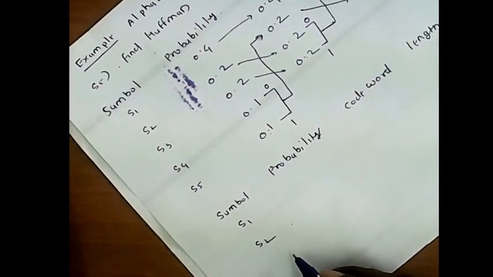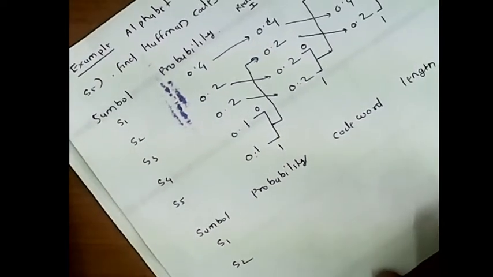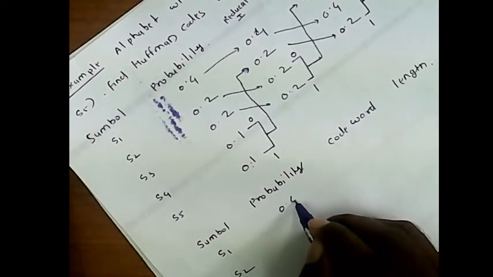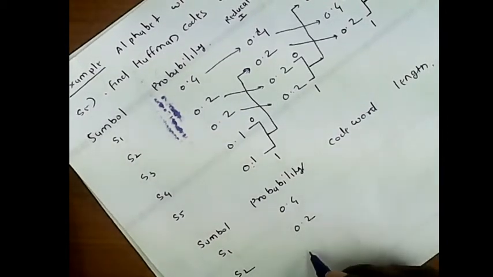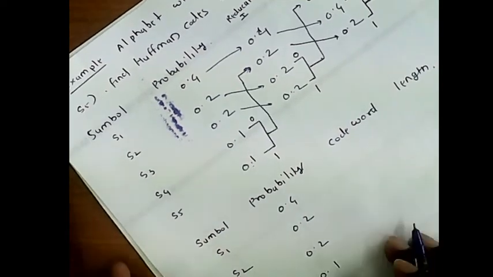So symbols S1, S2, S3, S4 and S5 we write down. Now the corresponding probabilities: 0.4, 0.2, 0.2, 0.1, 0.1.